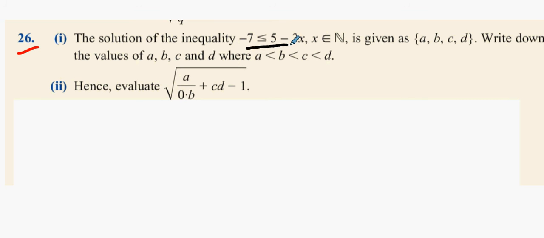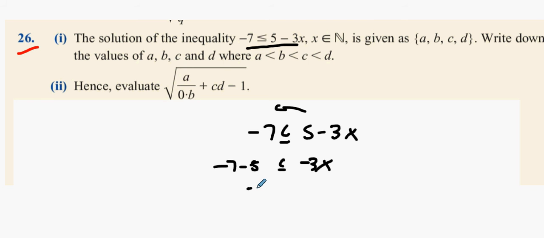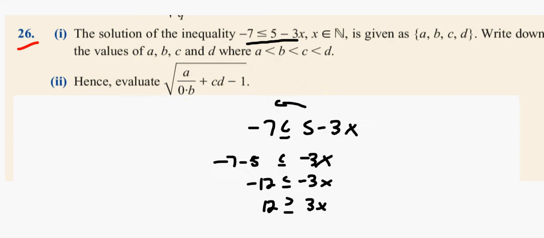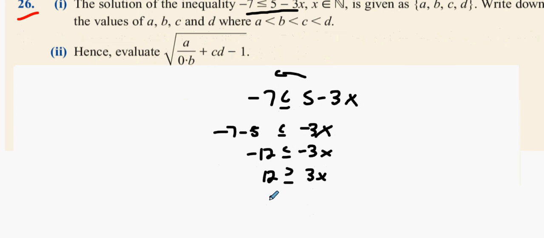I brought over the 5. What do you get? Minus 7, minus 5, minus 12. Minus 3x. Then I multiply both sides by minus 1. Divide both sides by 3, you get 4 greater than or equal to x.